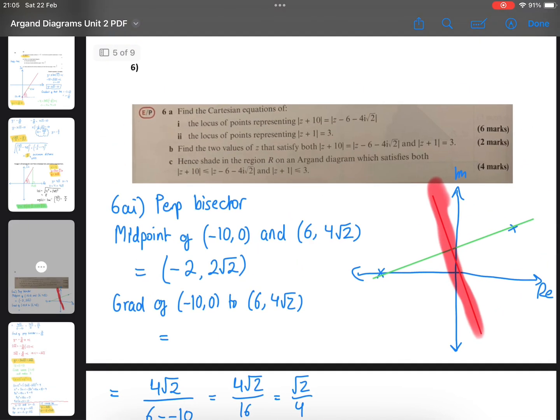And finally, we need to shade in the region on an Argand diagram which satisfies both of these. So this is the first regions question that we've gone over in either of these two videos. And we have inequalities here. But it is similar to the question which we've just done, but instead we've got inequalities.